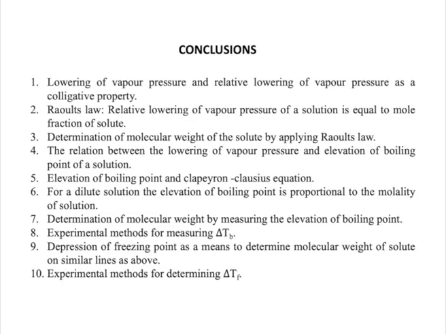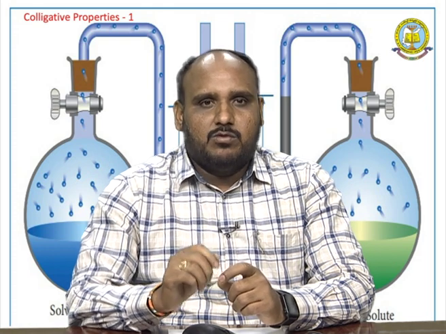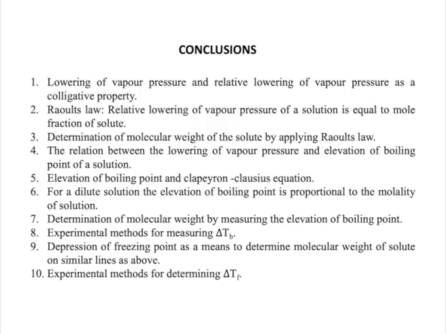Conclusions. As we discussed the various colligative properties: lowering of vapor pressure and relative lowering of vapor pressure, elevation of boiling point, and depression in freezing point. According to Raoult's law, the relative lowering of vapor pressure of the solution is equal to the mole fraction of the solute, and the molecular weight of the solute can be determined by applying Raoult's law.